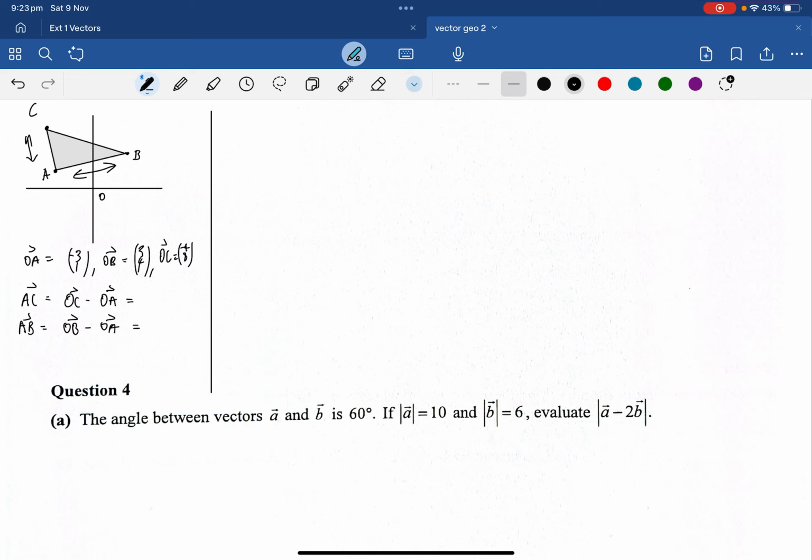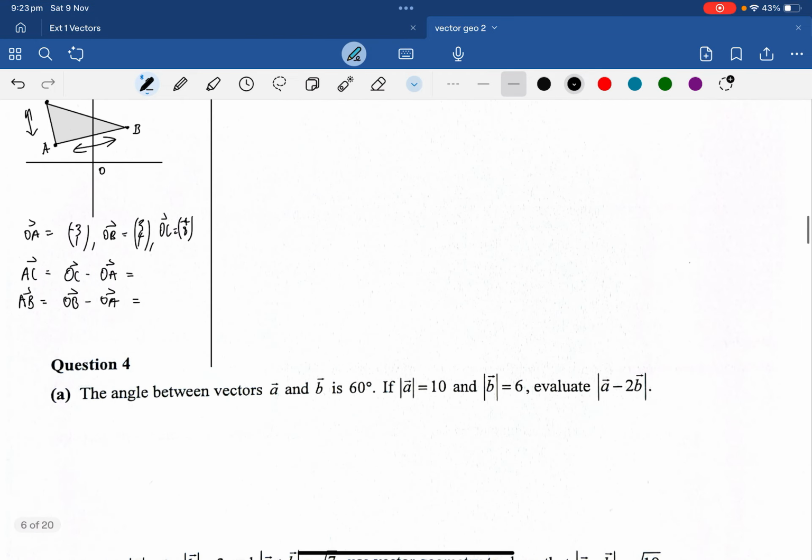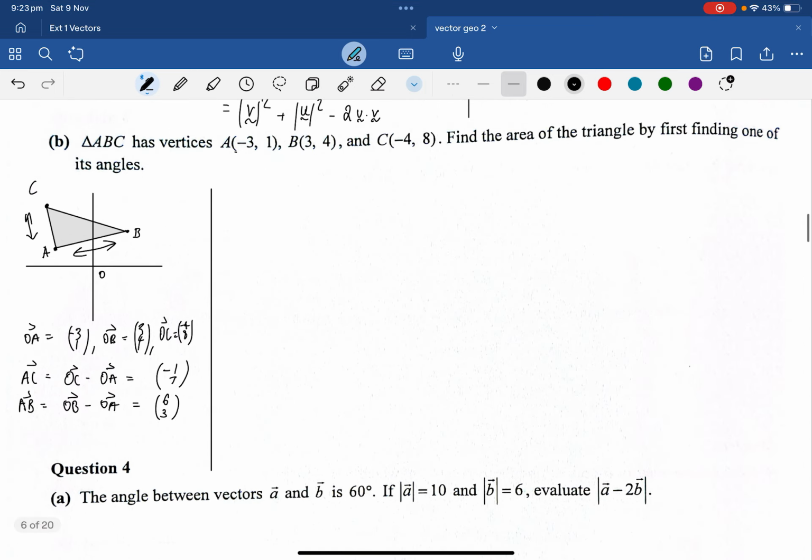We can perform the calculation straight away. It's just a matter of subtracting the vectors. -4 minus -3 is -1, and 8 minus 1 is 7. Similarly, at the bottom it's 6, 3. These are our basics.